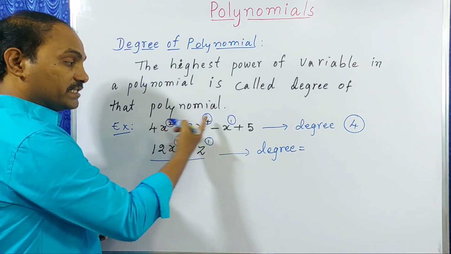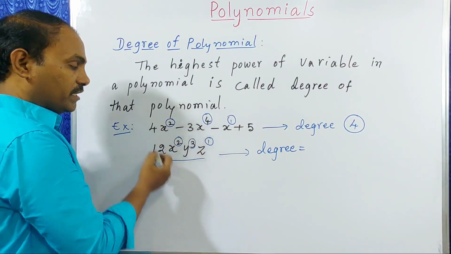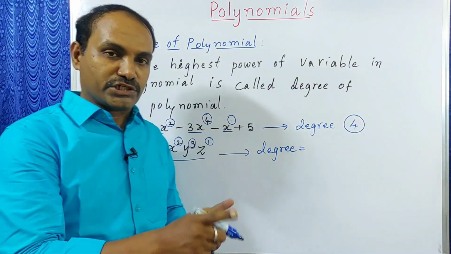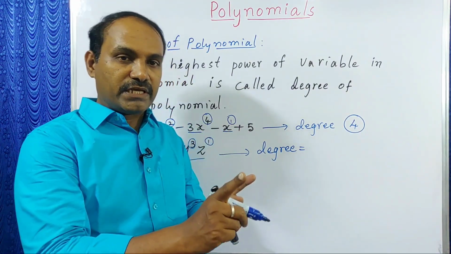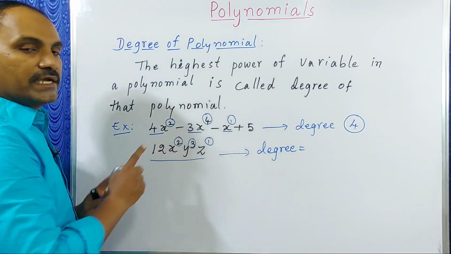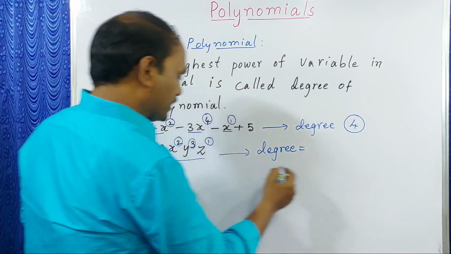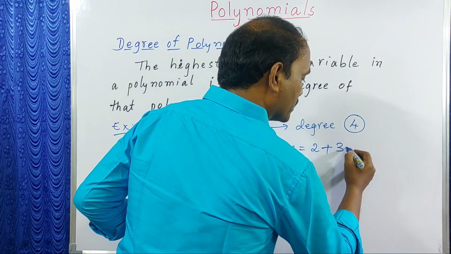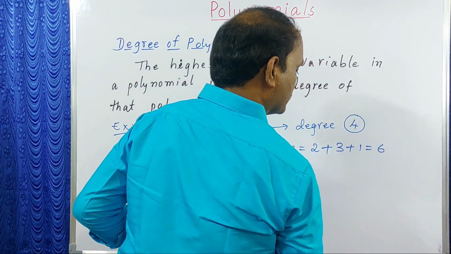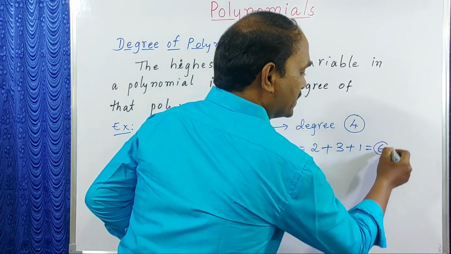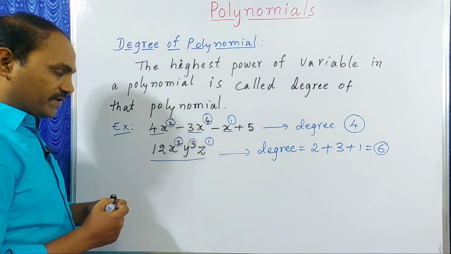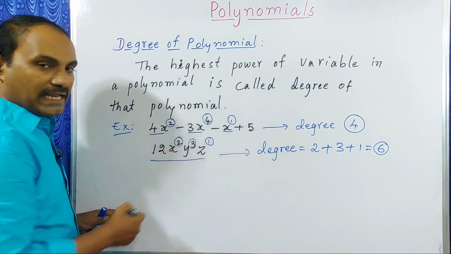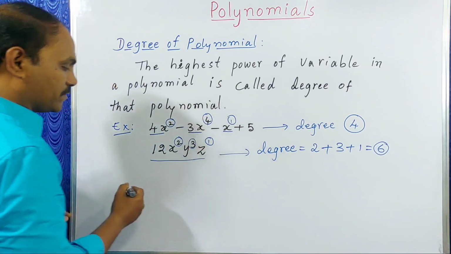Don't forget, this case is separate and the earlier case is separate. Here when you take each term, you should find the degree of each term. Among that, whichever degree is highest, that one is the degree of the polynomial. Here the degree is 2 plus 3 plus 1, which means 6. 6 is the degree of this polynomial. If it is a combination of 2 or 3 variables, then you should find it like this. Let us check one more example.